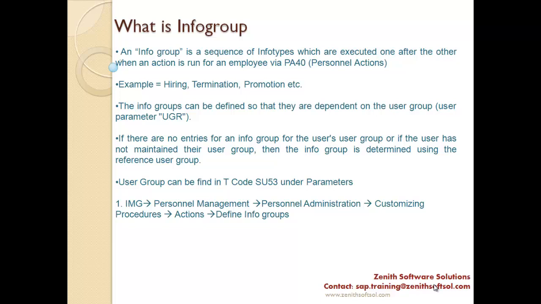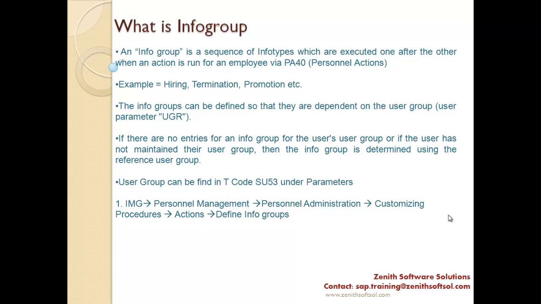So you will need all those info types. That is the reason why we have to define an info group, which is nothing but the sequence of info types which comes one after the other, so that the end user who is setting that employee in the system can maintain that information.